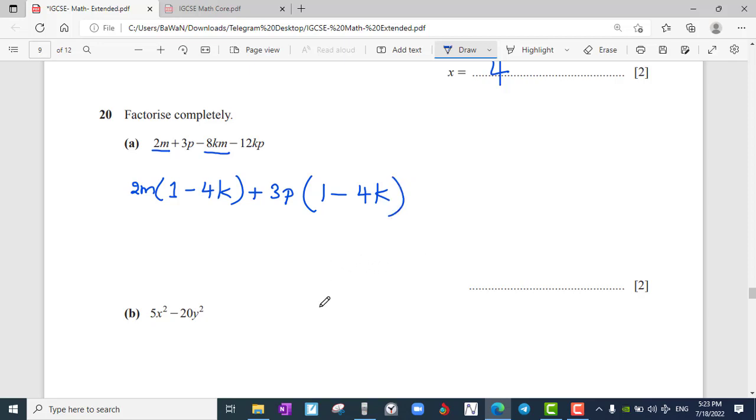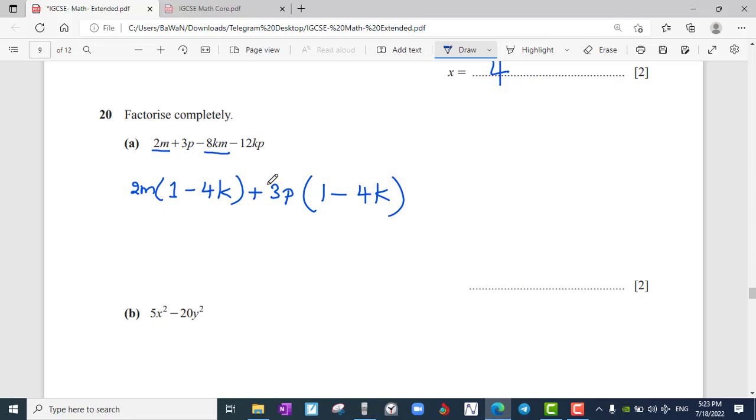Now the question says factorize completely. Factorize completely means you have 2 brackets or more, but between the brackets must be only multiplication. But here there is a plus between the 2 brackets, so it's not completely factorized. We need one more step.